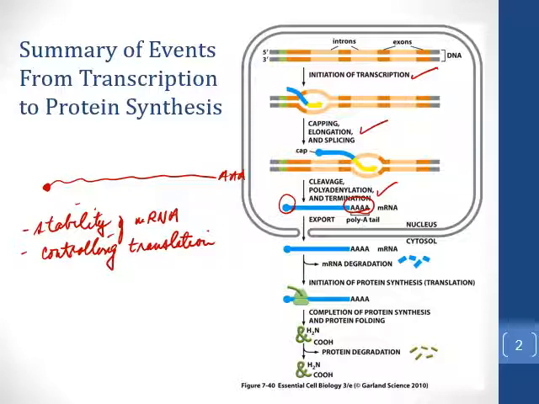So in broad strokes, we're going to make that mRNA, and then that mRNA is going to be either stable and hang around for a while, in which case it could be translated into a protein, or it's not going to be stable and it's going to be degraded. And if it does hang around for a while, the cell can even control whether or not it's translated. So that's what we're going to deal with in the next few slides.